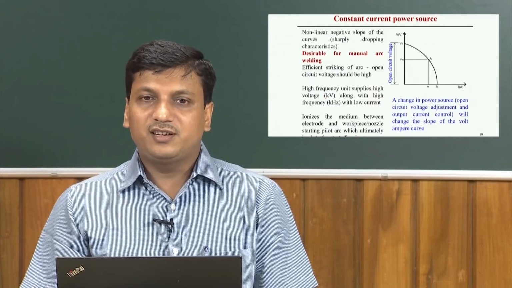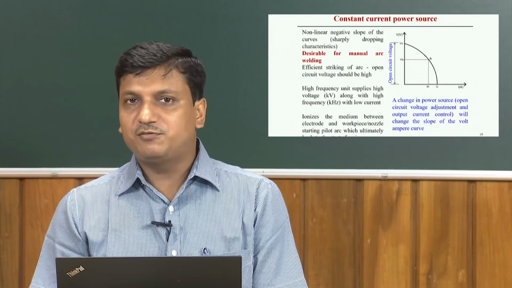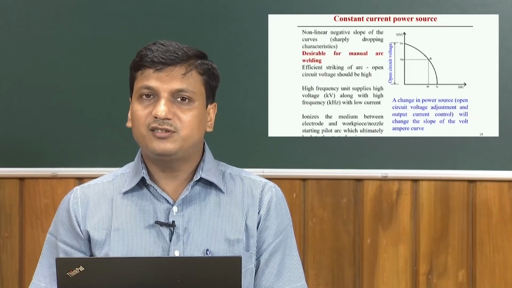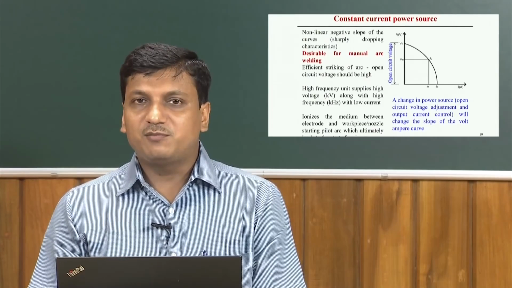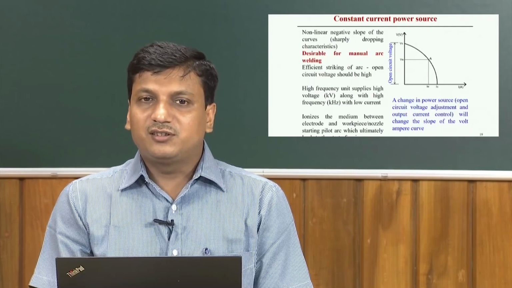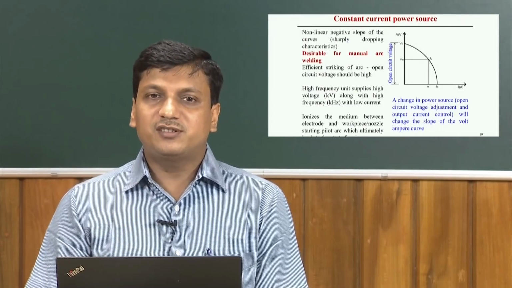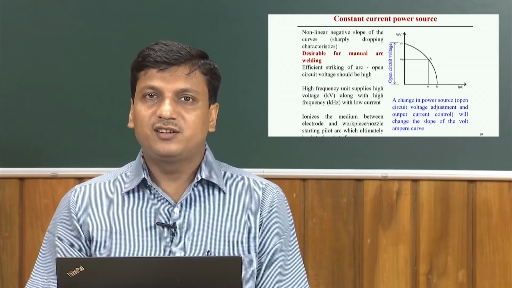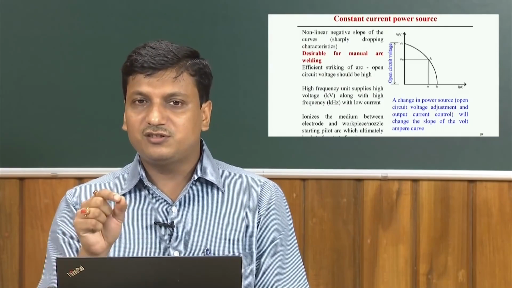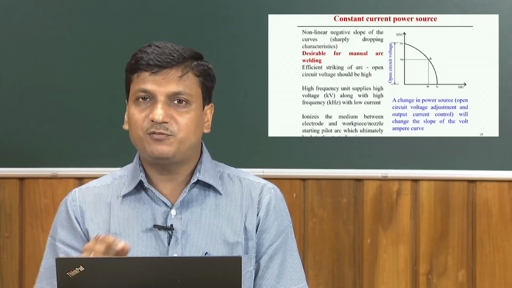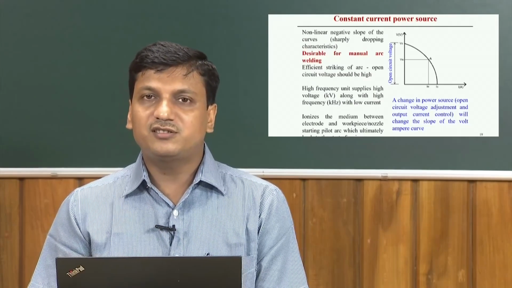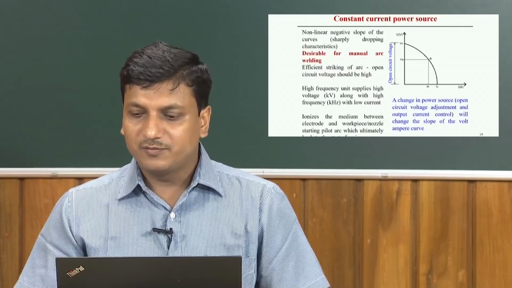To create and maintain this arc, the power source should follow this typical characteristic that starts with a very high open circuit voltage, and then the voltage drops rapidly, following a very nonlinear path. It is a sharply dropping characteristic.